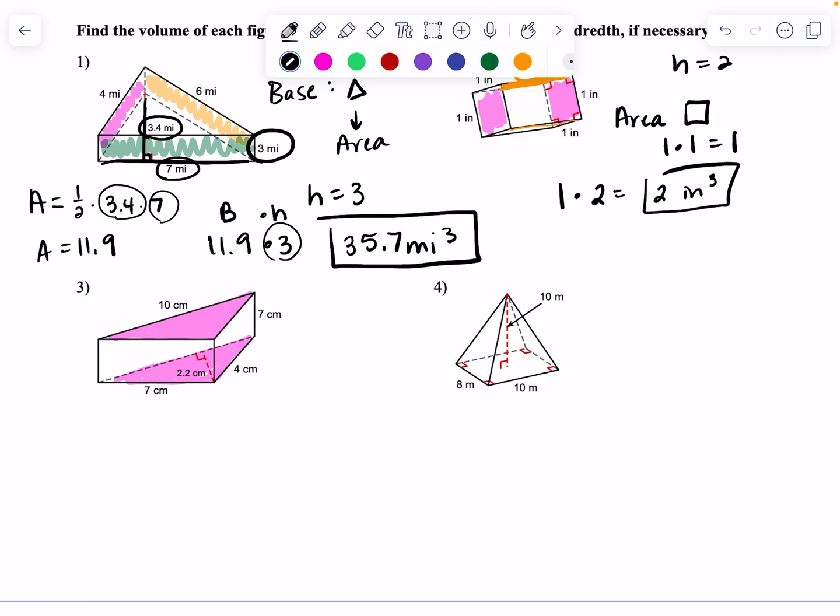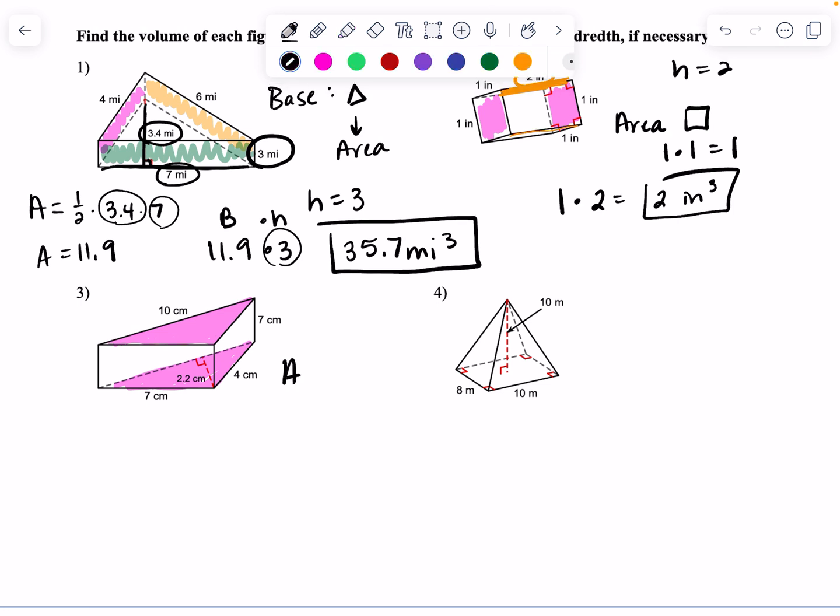So that means I have to find the area of the triangle, right? So 1/2 base times height. Remember that the base and the height always make a right angle. So if I look here, I see the 2.2, 1/2 times that's 2.2. The base, it looks like I have to look up to get that, and that's 10.